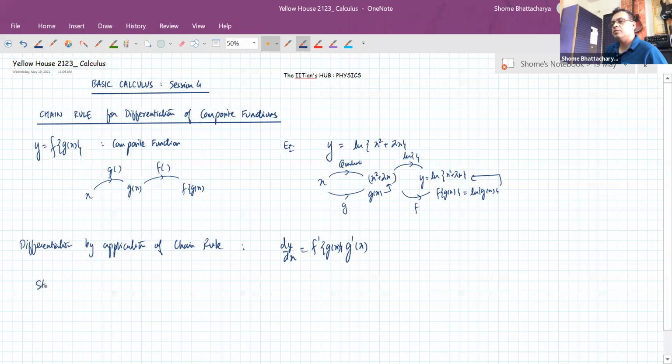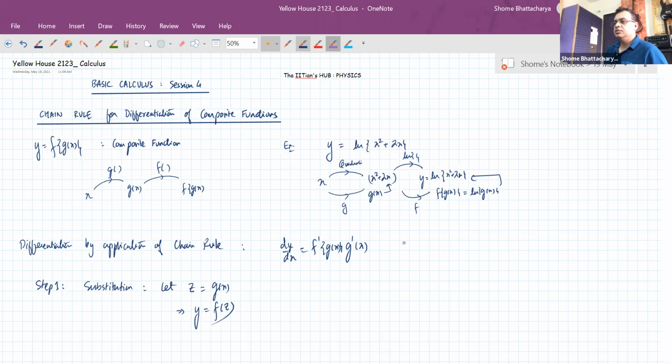The first step for this differentiation is what we call the substitution step, where we introduce the dummy variable, let's say z, or you can use any other symbol also, but that z is g(x). So y becomes a direct function of z instead of a composite function by doing the substitution step.